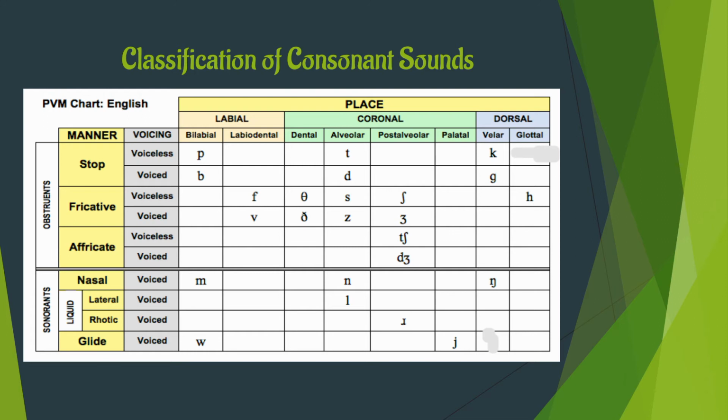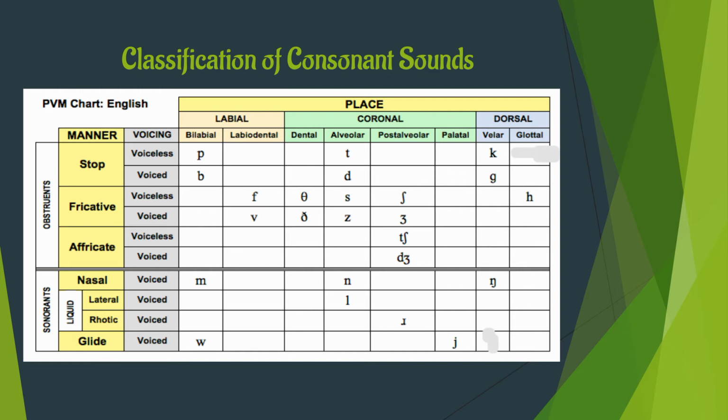If the front part of the tongue is raised towards the alveolar ridge, then we will produce an alveolar fricative such as sing, s. At the time of production of this sound, the vocal cords are not vibrating, so that's why it is a voiceless fricative.